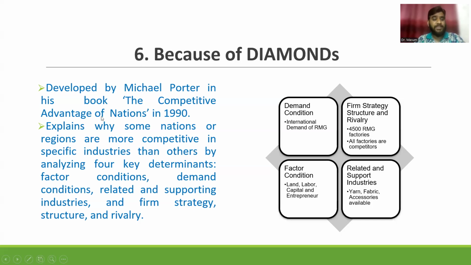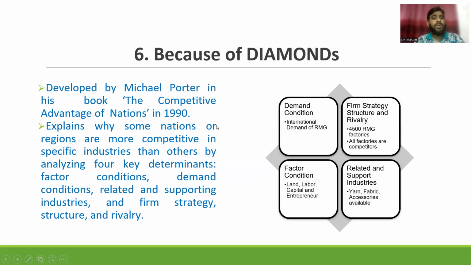And there is another theory given by Professor Michael Porter in his book The Competitive Advantage of Nations in 1990. The name of the theory is Porter's diamond model.